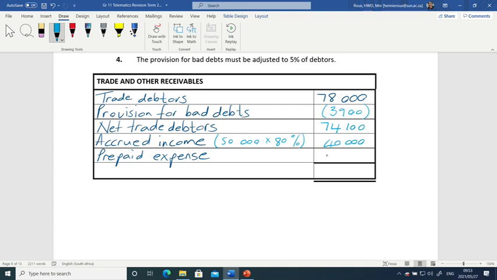And then on the amounts given, prepaid expenses, 3,400. That was a given amount, 117,500. But because I know the format, I know I must look for this. That was with an adjustment, but this one I had to look for, prepaid expense. They were also given income received in advance and accrued expenses, but that will be under trade and other payables.